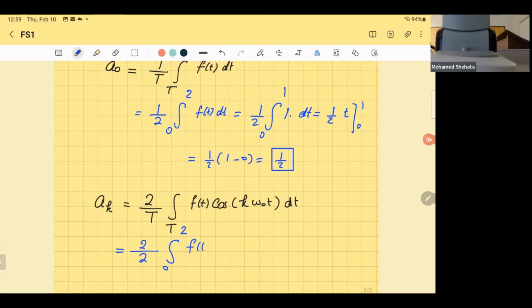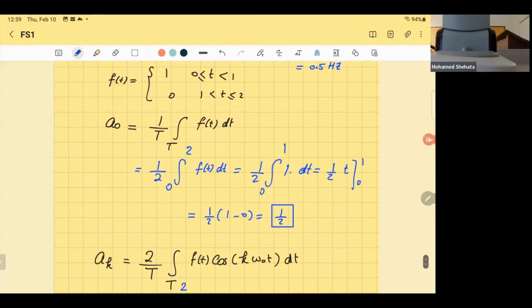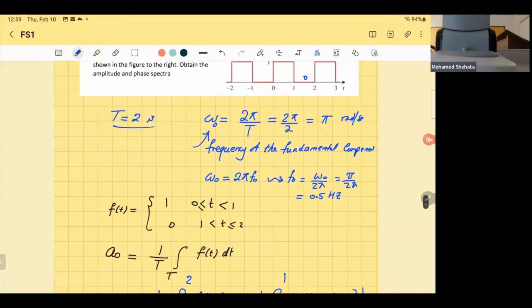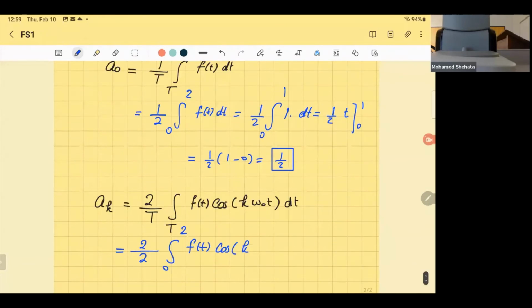I will write f of t like that, cosine k, what is the value of omega naught? Pi. So you write pi, replacing omega naught with pi, t dt. That's the first step, by substituting the value of T and the value of omega naught.